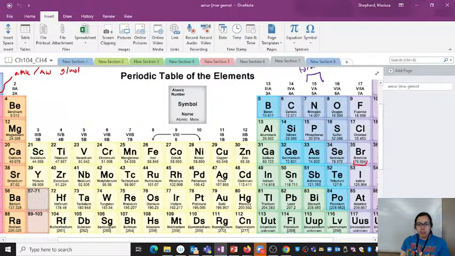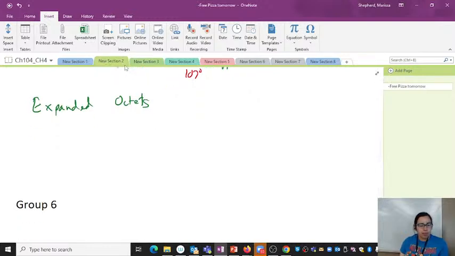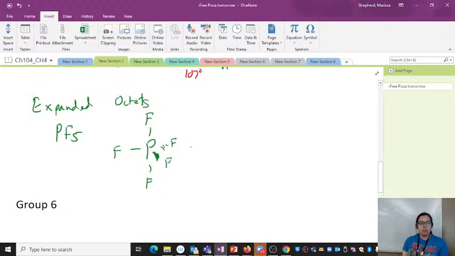Why nitrogen can't form 5 bonds is simply that it's too small. For example, PF5 does exist, phosphorus pentachloride, and this is what its structure would look like.